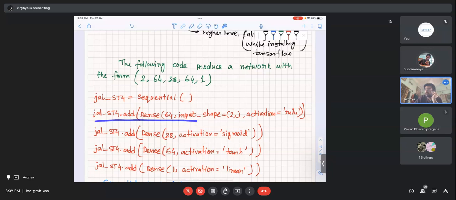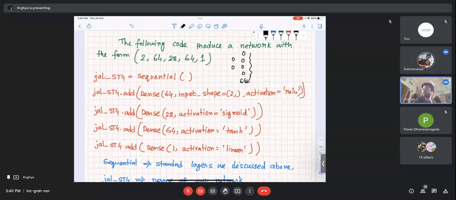That's the first layer in the network, and you are saying that this layer has 64 nodes and gets an input which is 2, in the sense that 2 nodes are there. So it's basically an array of nodes. So I should be drawing this thing again. What we have built up so far is this: it just knows that there are 64 nodes. That's what this network knows.